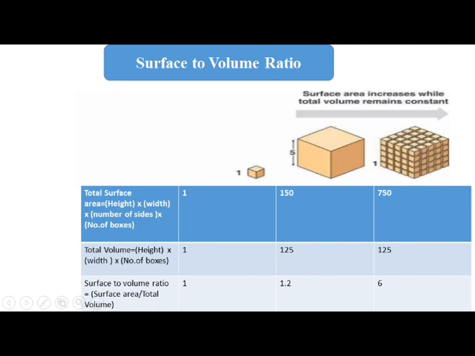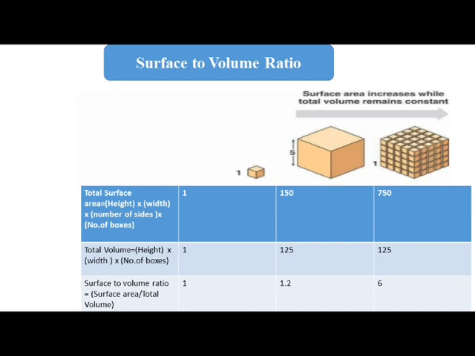We know how to calculate the total surface area. Surface area is calculated using the formula height into width into the number of sides into the number of boxes, and the total volume is calculated using the formula height into width into the number of boxes. In the first case, the cube has only 1 unit, so the surface area is 1 into 1 into 1 into 6, which is 6. In the second case, whose height and width is 5, it is 5 into 5 into 1 into 6, which is 150.